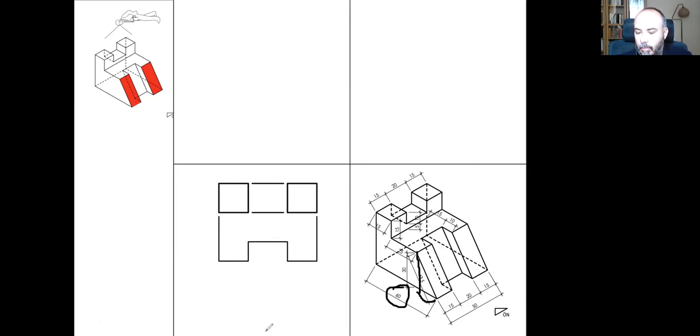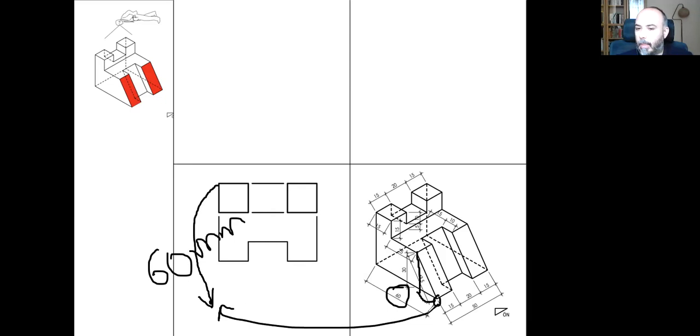However, they gave me a 60 millimeter total length. So this is what I need to do. Starting from this corner, I need to measure a 60 millimeter length so that I will be finding this corner here. The projection of all these inclined lines and surfaces.